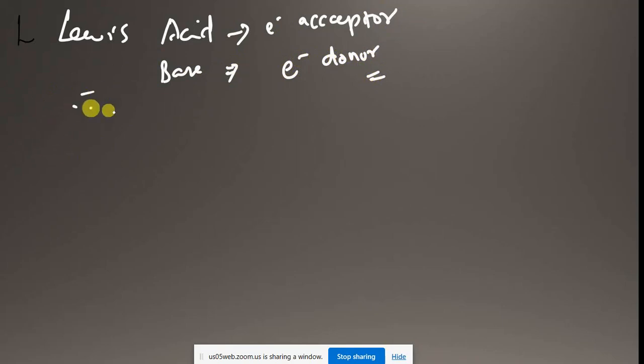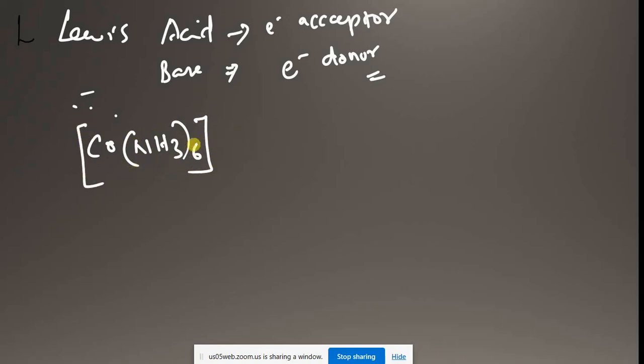Now, coming to the concept of coordination complex, let us take a simple example of a coordination compound here: Co(NH3)6Cl3. Right.